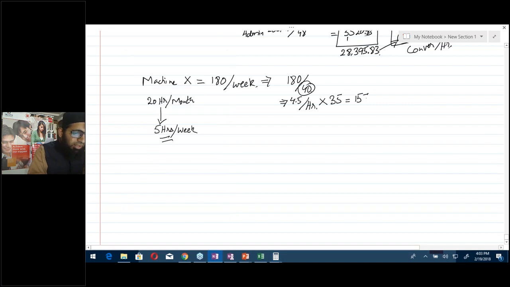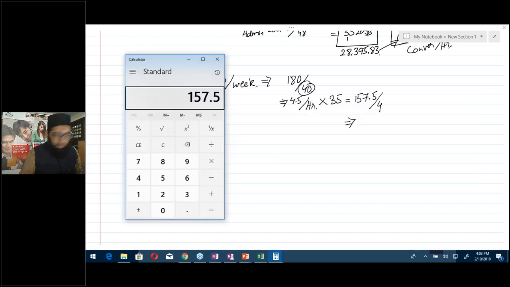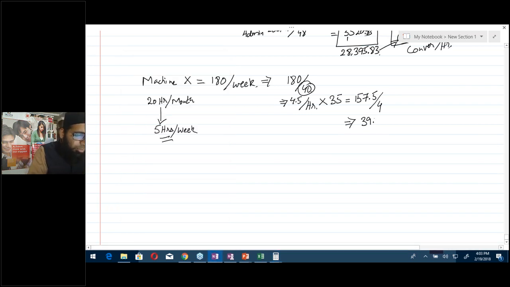That means I can work out 157.5 panels. Now each trolley takes 4 panels. That means I can work out 39.375 trolleys.